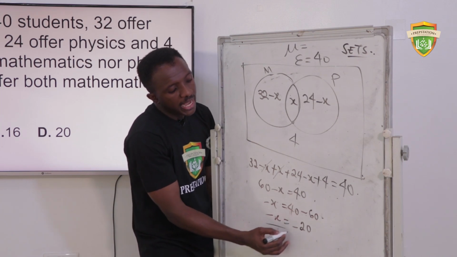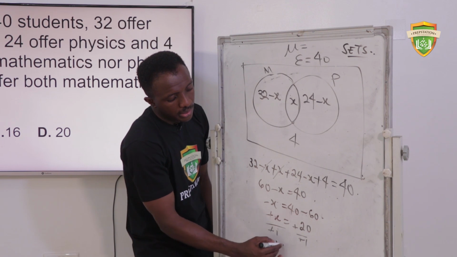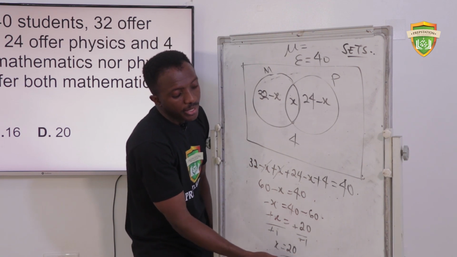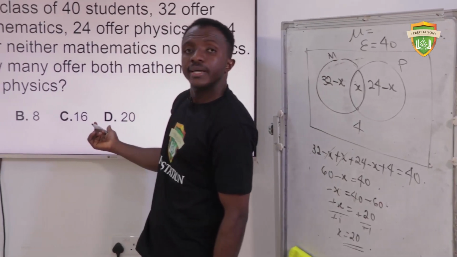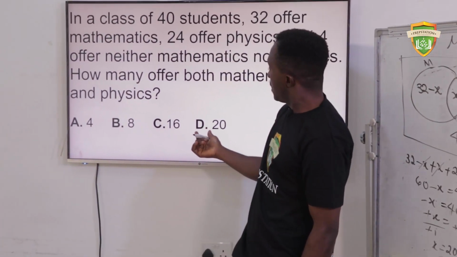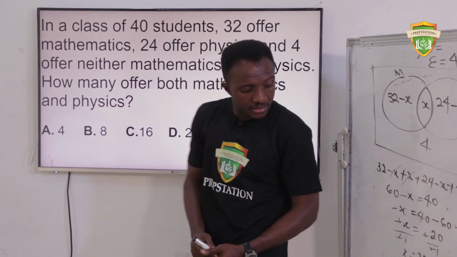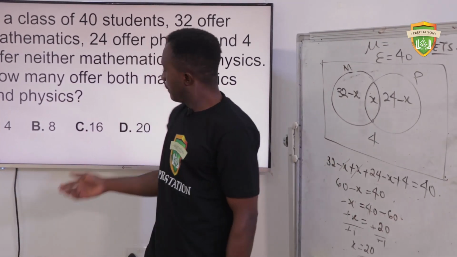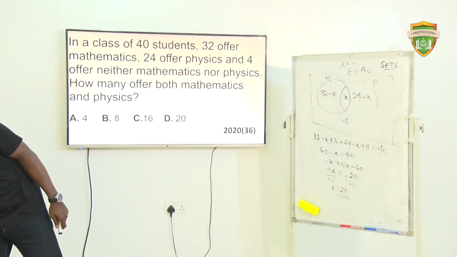If I divide both sides by minus 1, the minus will cancel out. I have x equals 20, which is option D. The number of students that offer mathematics and physics is 20 students. I hope that is clear.